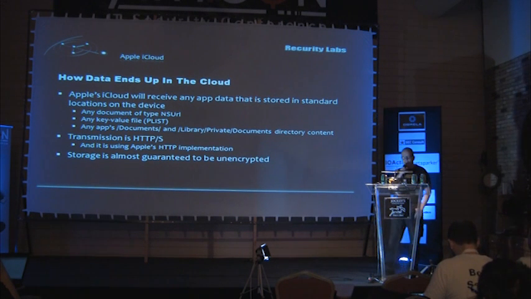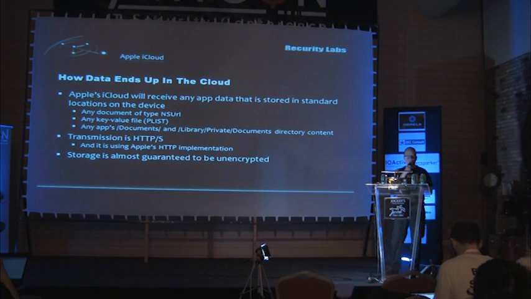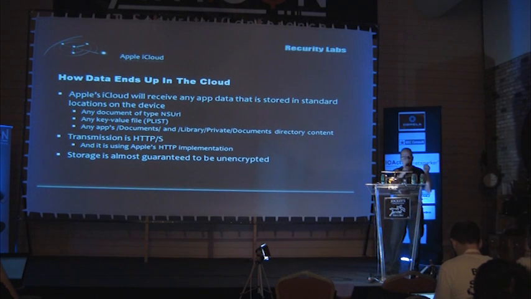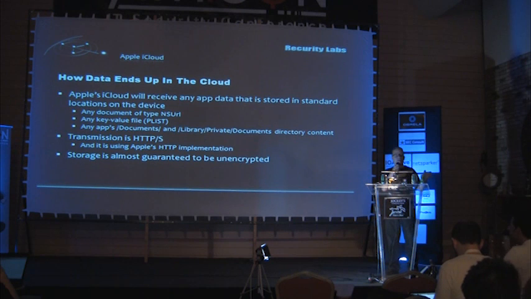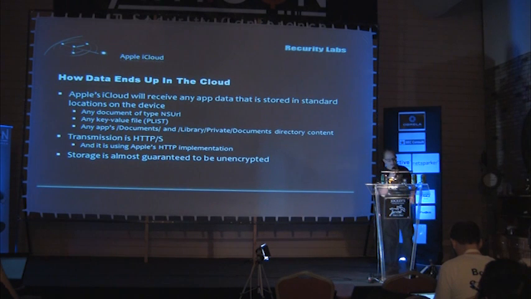Now, so how does your data end up in Apple's cloud? Obviously, you will have to switch on the iCloud, which very expensive TV advertisements will continuously tell you to do. And also, if you update over the iTunes interface, if you did an operating system update, you will find that the iCloud is suddenly turned on lately.